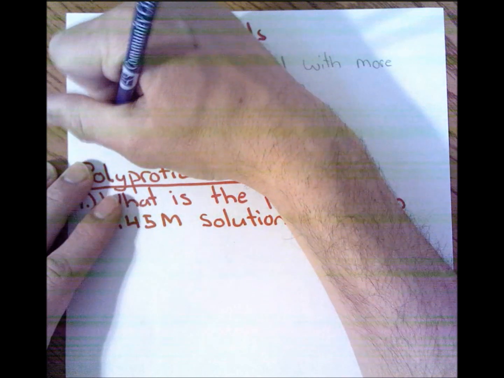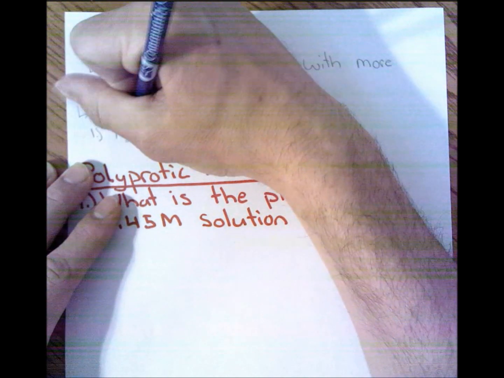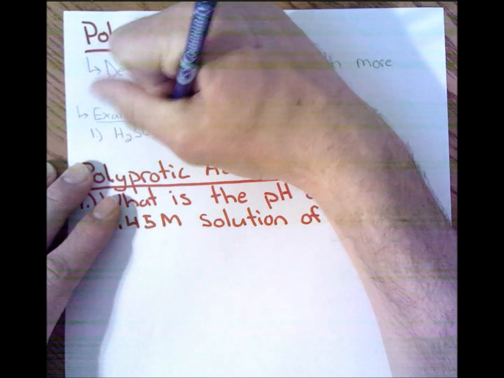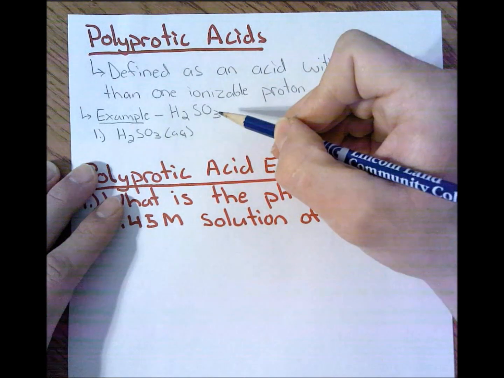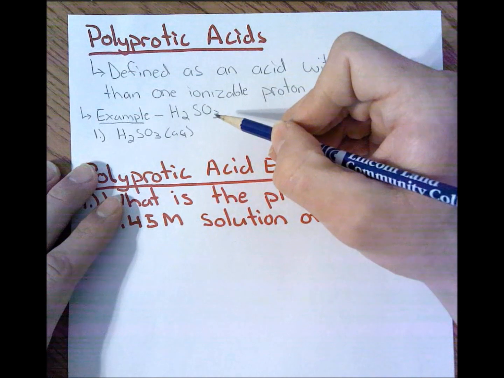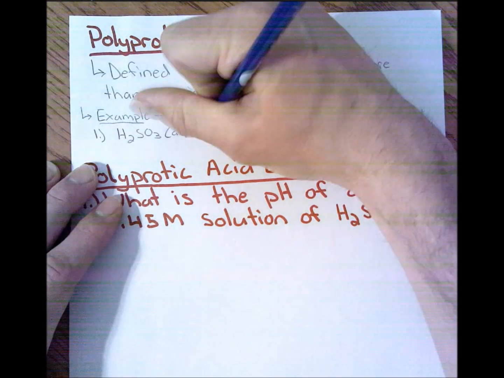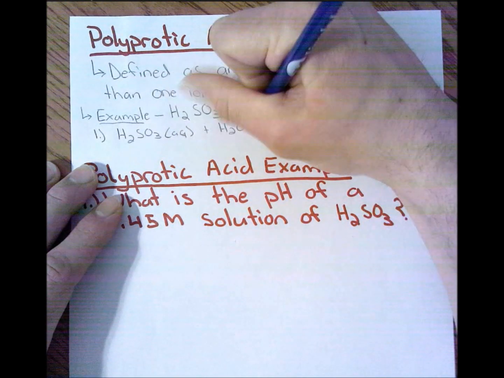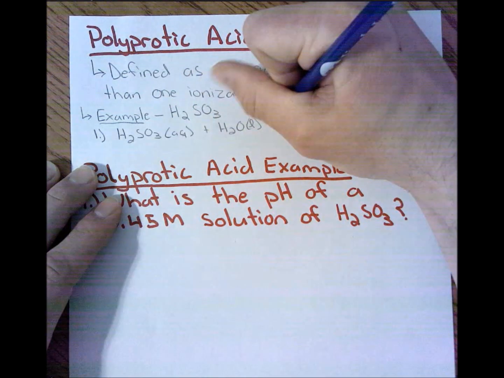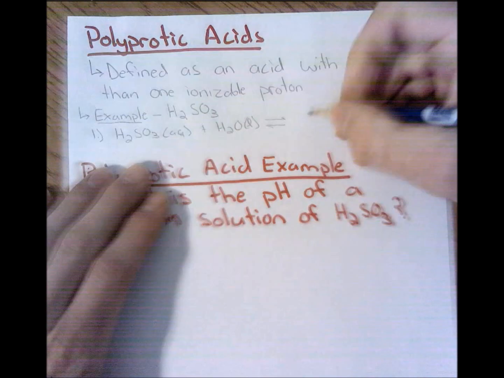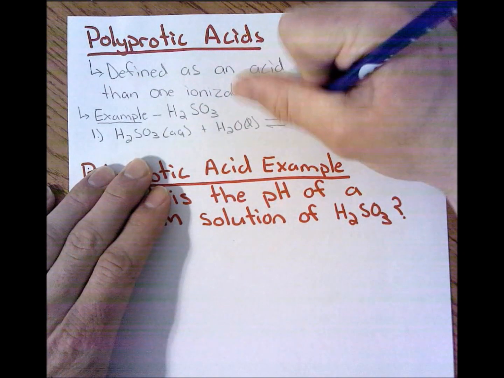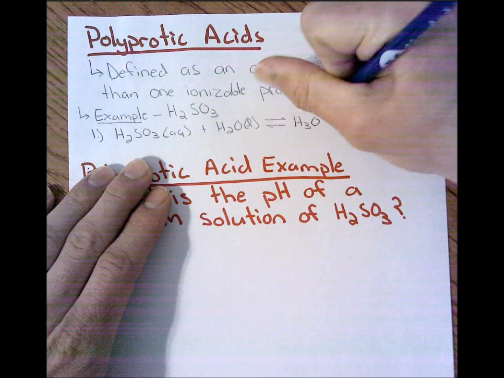Now, H2SO3, sulfuric acid, is not a strong acid. It reacts with water, and we come to equilibrium because we are a weak acid, and we end up with H3O plus and HSO3 1 minus.